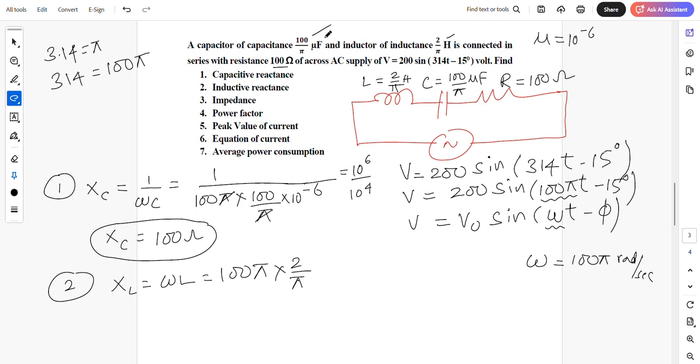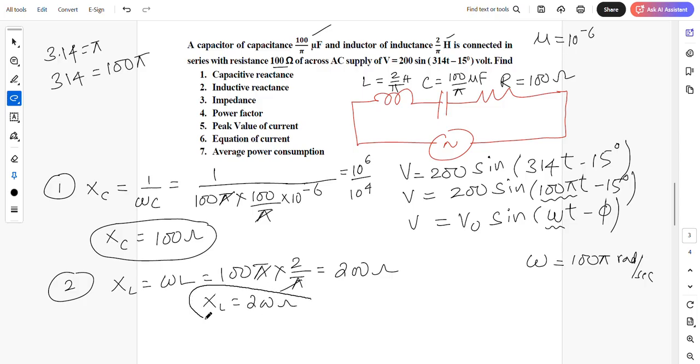Please check the values they have given. Here micro they have given, here just Henry, not millihenry. If they had given milli, I would have used 10 to the power minus 3. It is just Henry. The 2 by pi gets cancelled. That is equal to 200 ohm. So XL is equal to 200 ohm.